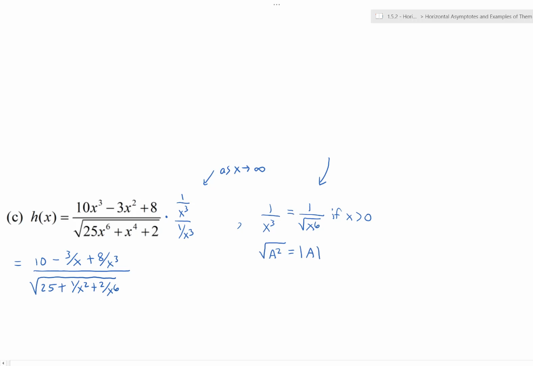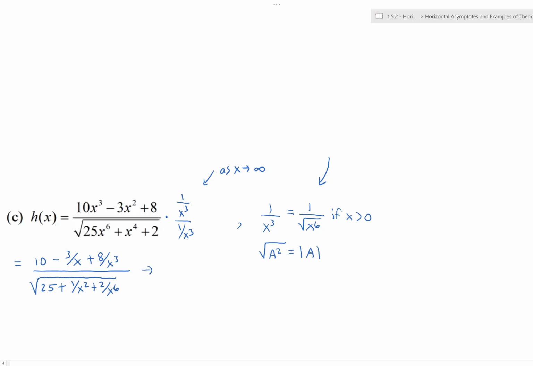When I multiply everything inside by 1 over x to the 6th, I get the result that we see right here.